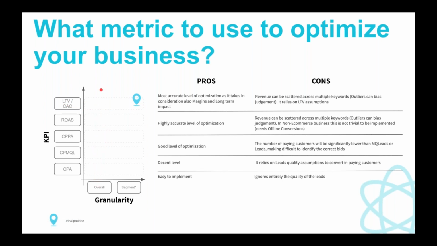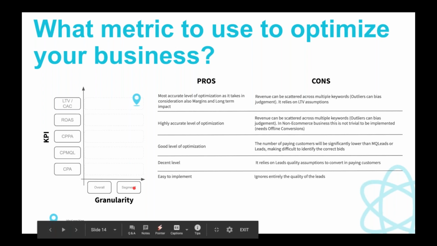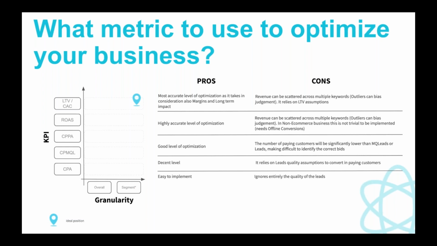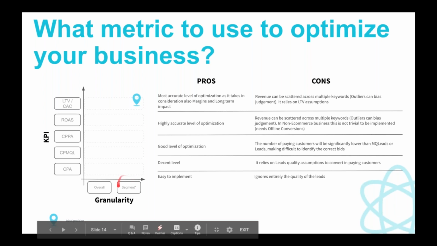So we don't have one LTV by CAC goal for our entire operation. We don't have one North Star, but defined that the North Star is LTV divided by CAC. Then we have different targets for different segments. And by segment here, I mean different channels. So we could have different targets for Google and Facebook, or for different countries, or for different types of customers, whatever makes sense in your business from a segmentation perspective.